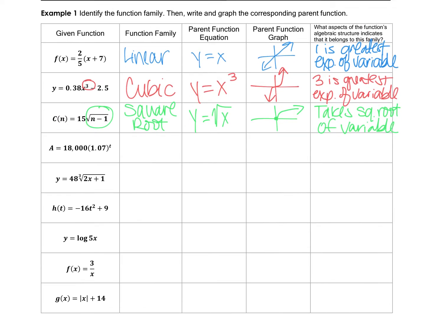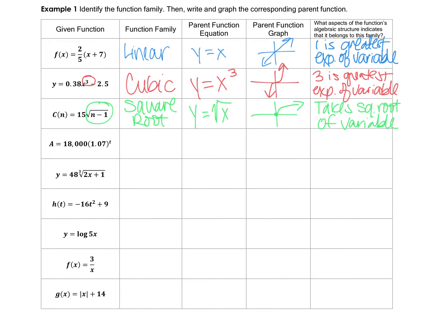Okay, so moving on. Another type of function we're going to be looking at, notice we have that t as our variable, and that's the exponent. So this is called exponential. The parent function for that is y equals, we're going to call it b, which is called the base, to the x power.